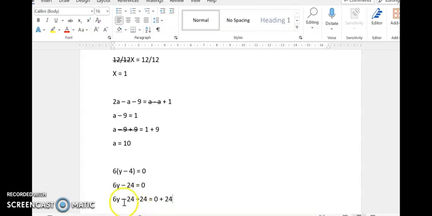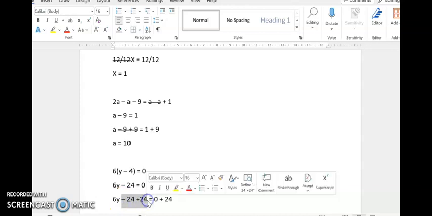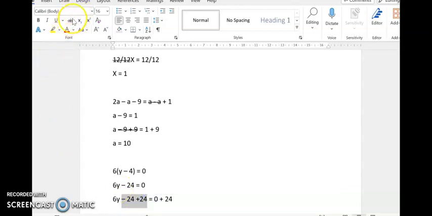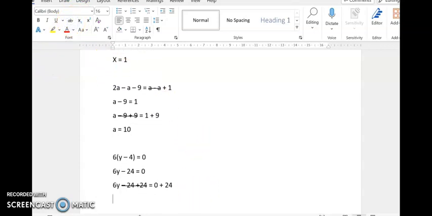Okay, so now we can cross out the minus 24 plus 24. That leaves us with 6y equals 24. Okay, we need to get rid of the 6. Where it's 6 times y, so it's multiplication, so we need to divide.